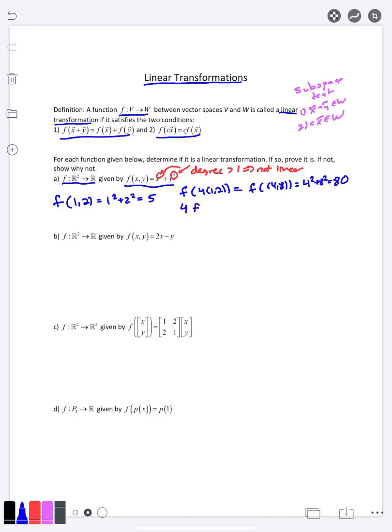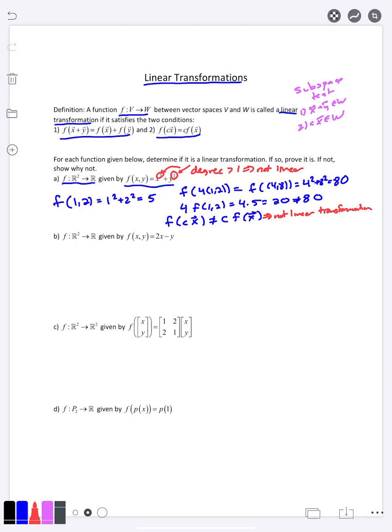However, if I do 4 times f of (1, 2), I get 20, which is not the same as 80. So I showed I have an example where f of c times x is not the same as c times f of x. Therefore, it's not a linear transformation. And again, if it's not linear, then you need to show a specific case where it doesn't work. And if it is linear, you need to prove that it always works, both conditions.